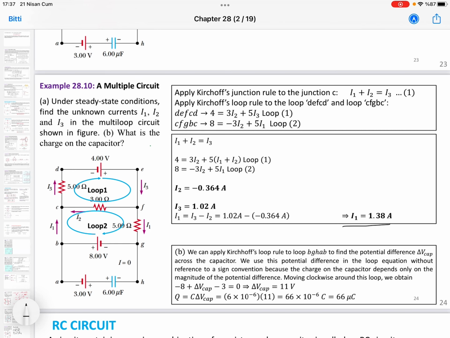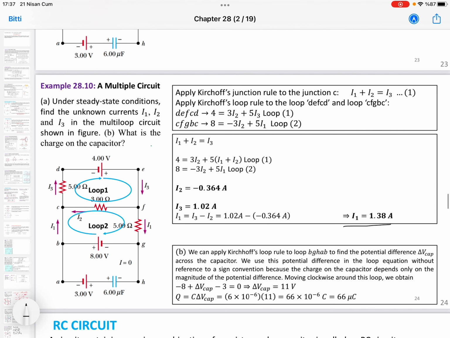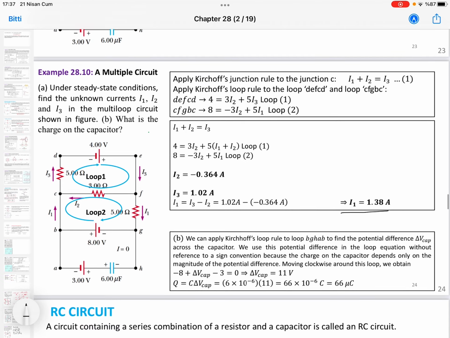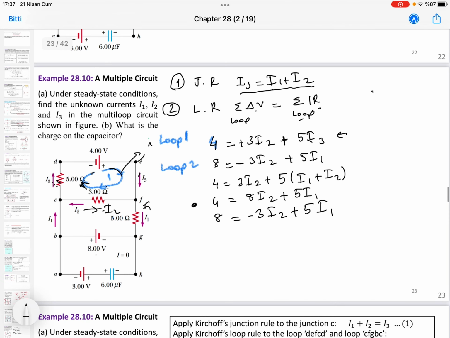What's the next question? Section B: what is the charge on the capacitor? It is easy. Again, we will use the same rule, the loop rule, but I have to add extra information coming from the capacitor. In capacitors, Q over C gives potential, isn't it?